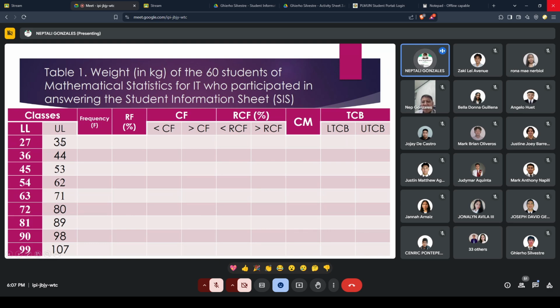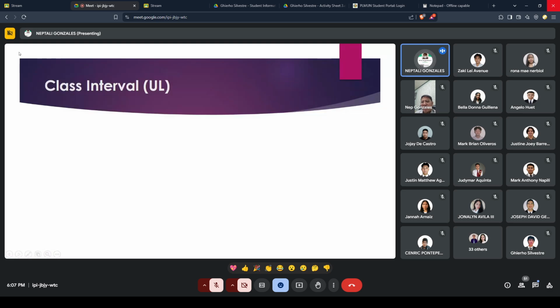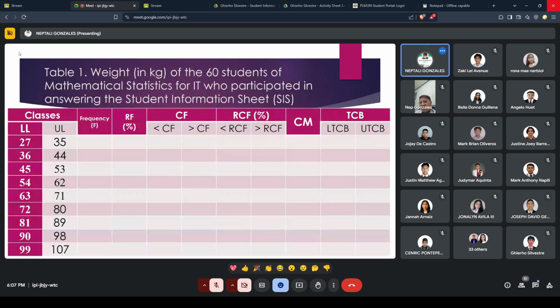Naka-range 27 to 35, 36 to 44, 45 to 53, up to 99 to 107. So now count the class interval. So yun yung computation niya to know the next: 35 plus 9 is equal to 44. And here are the remaining.